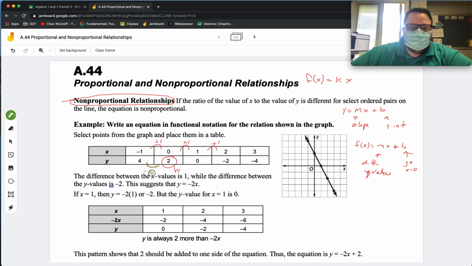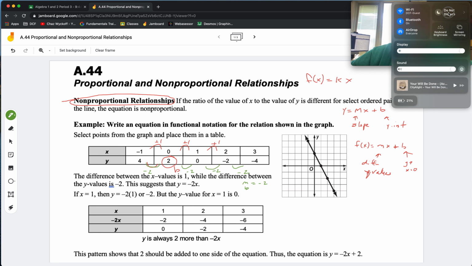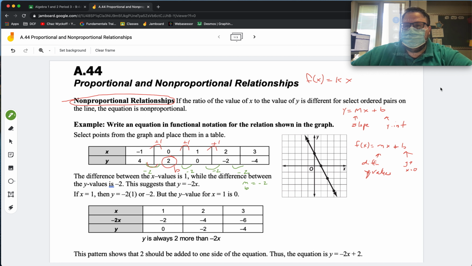So the difference here is from our y values, and I'll do this in green. I'm subtracting 2. 2 to get to 0, I subtract 2. Subtract 2. Subtract 2. So our m equals -2. And our b equals, hold up, our b equals +2.